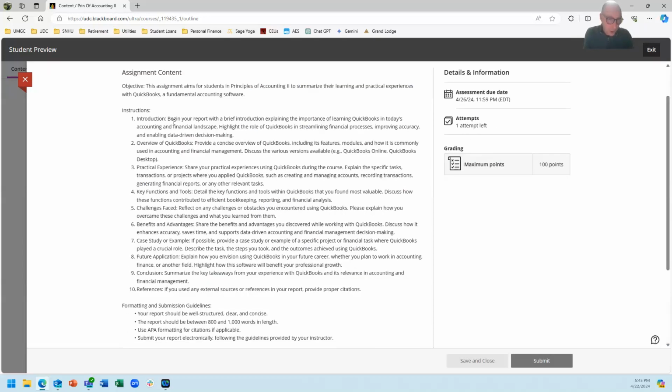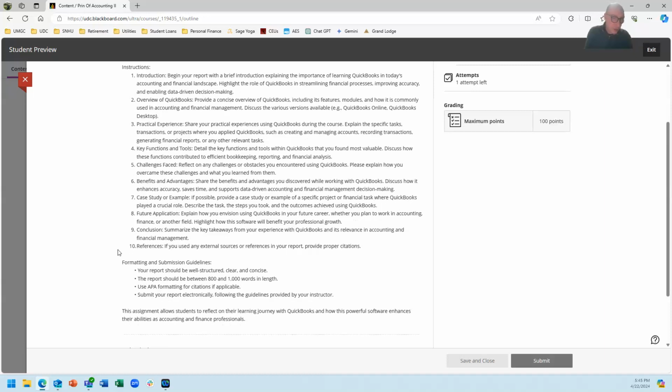An introduction section, an overview of QuickBooks, practical experience, key functions and tools, challenges faced, benefits and advantages, a case study or an example, future application of the software, conclusion, and then references. We're looking at probably 2-3 pages roughly.